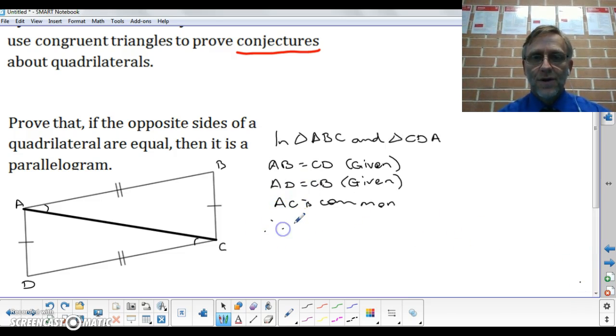Therefore, triangle ABC is congruent to triangle CDA.